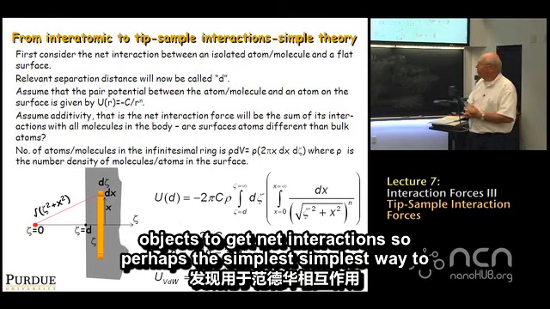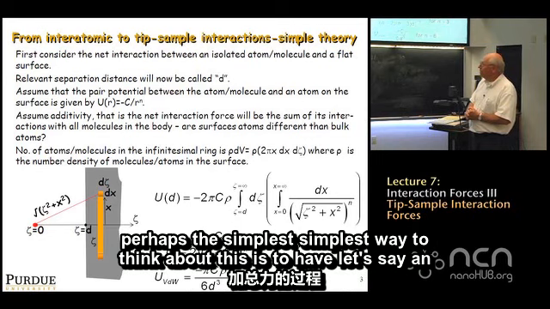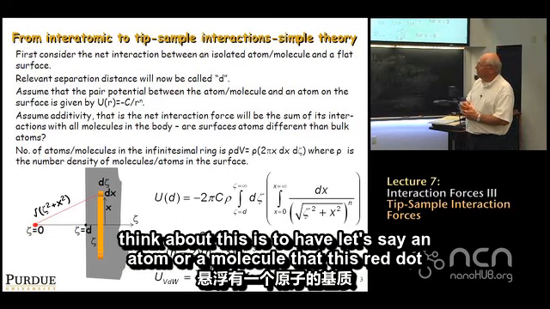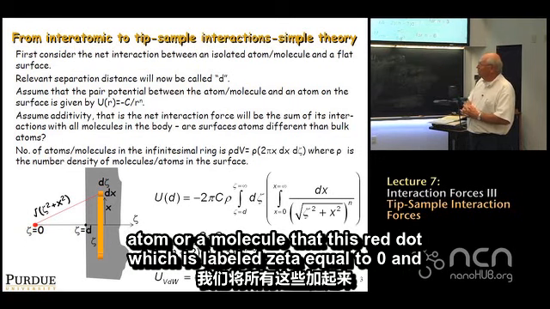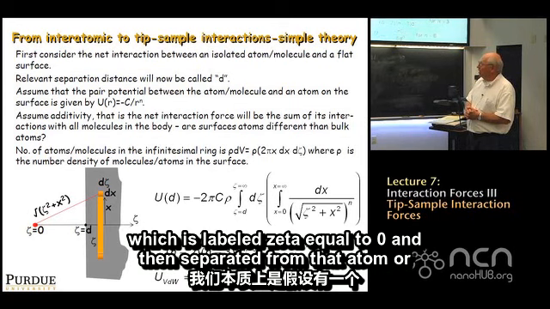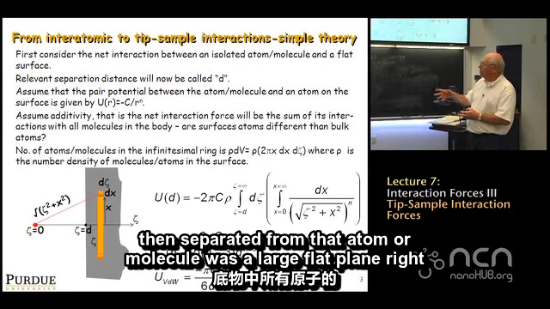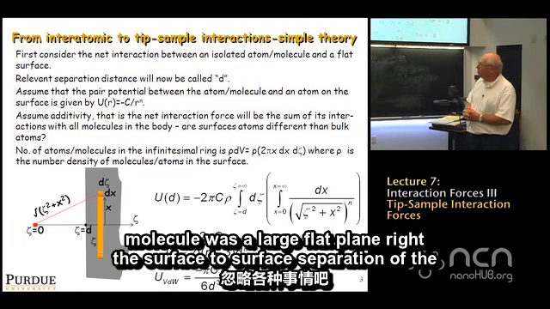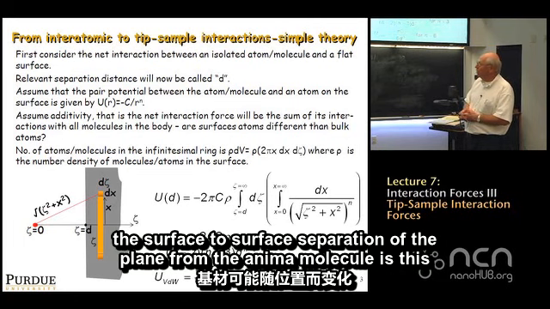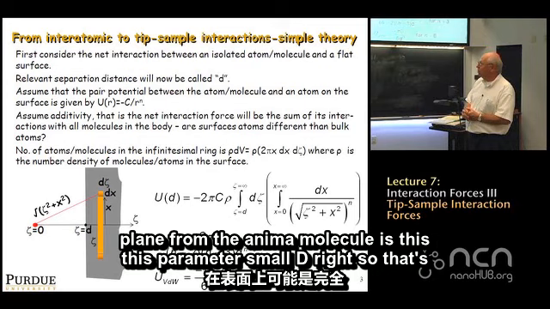So perhaps the simplest way to think about this is to have, let's say, an atom or a molecule at this red dot, which is labeled zeta equal to 0, and then separated from that atom or molecule is a large flat plane, right? The surface-to-surface separation of the plane from the atom or molecule is this parameter small d, right?